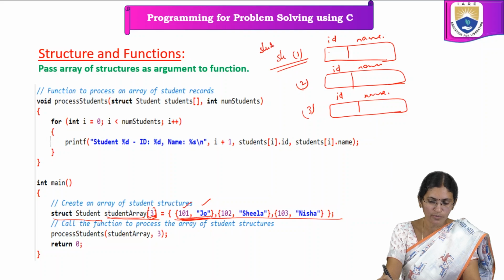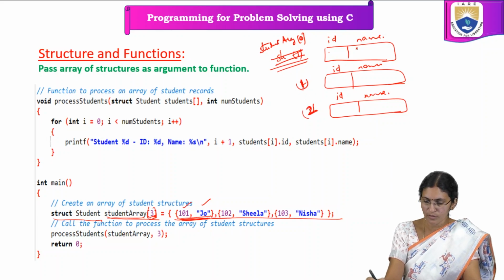So we can write student array of 1. Indexing we use, and the indexing starts from 0. So the first element corresponds to index 0, then 1 and then 2. So student array of 0 has ID 101 and name Joe. These are the values corresponding to the second element: 102 and Sheila.